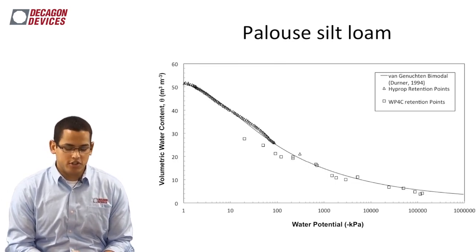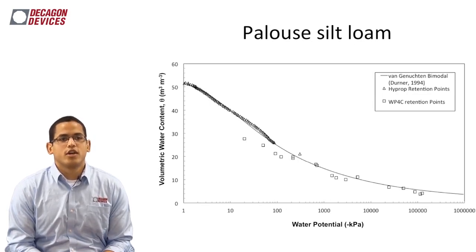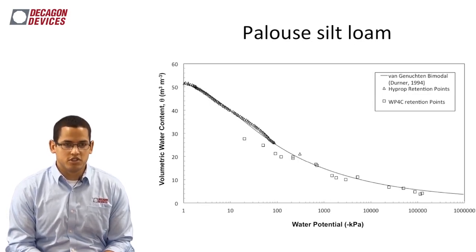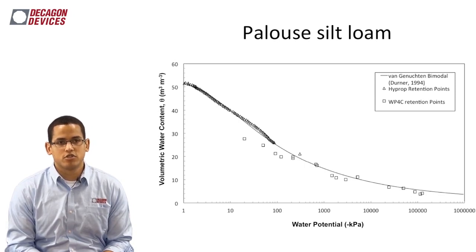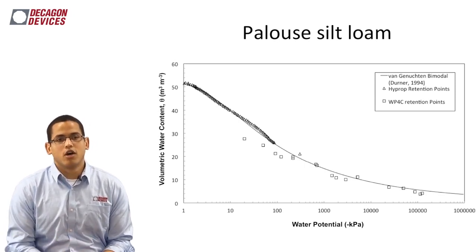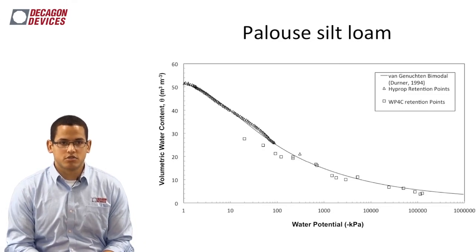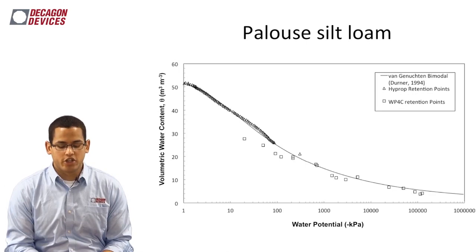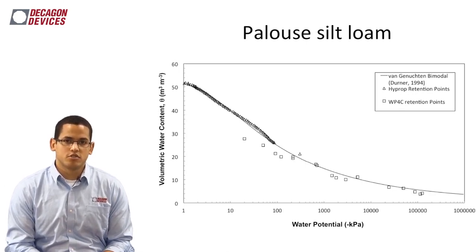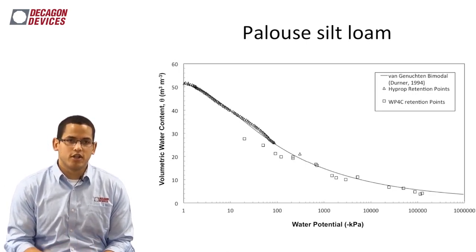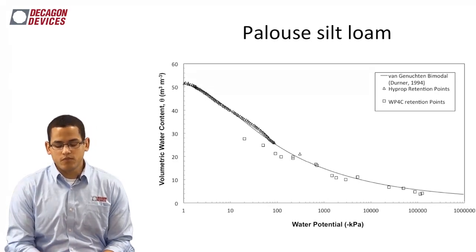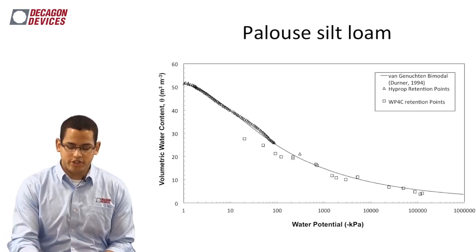But within the sample, we also used intact samples that you saw from some of the images earlier. We used those intact samples to run in the WP4C and make those measurements using a drying technique. So we saturated all of the samples and then let them dry down and dried them down at different rates. So this is one sample showing what you can do with these two instruments together.